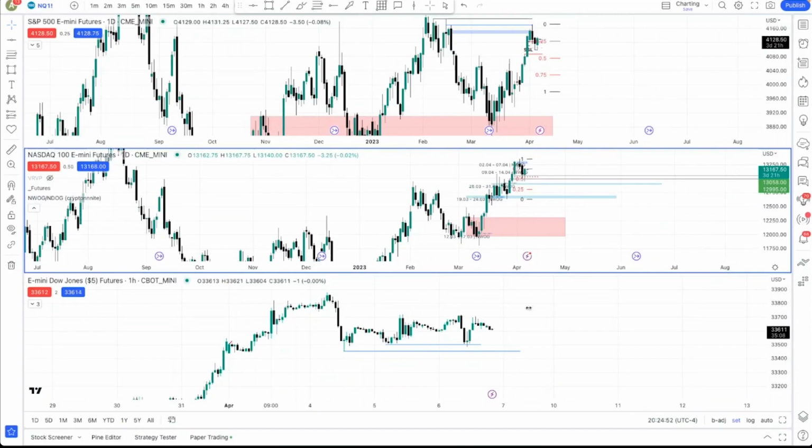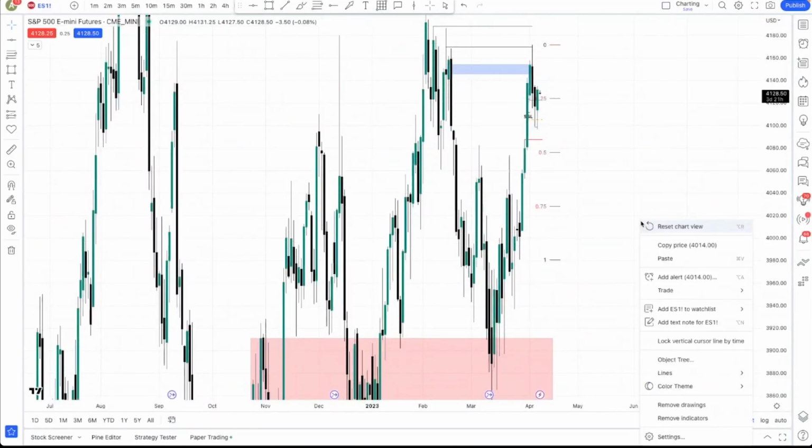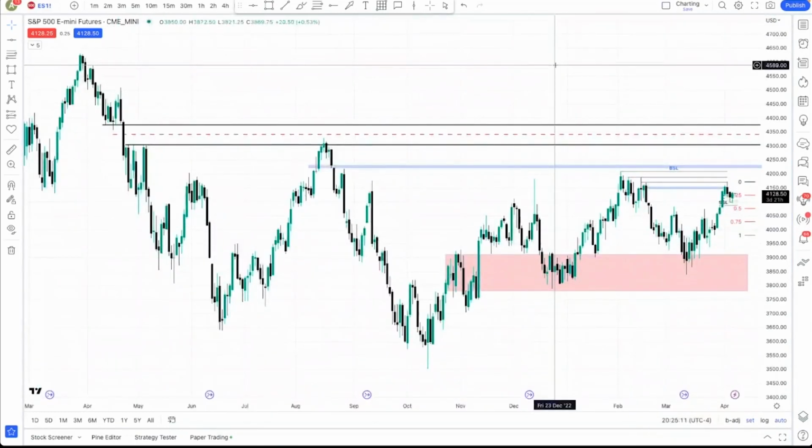It's just a much cleaner movement of price and structure. So that was my takeaway for today.